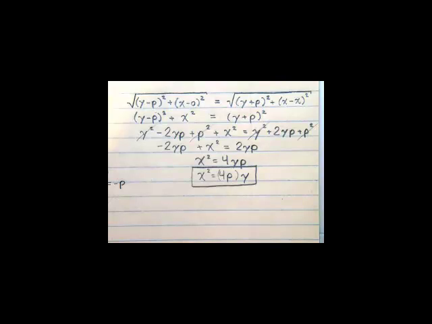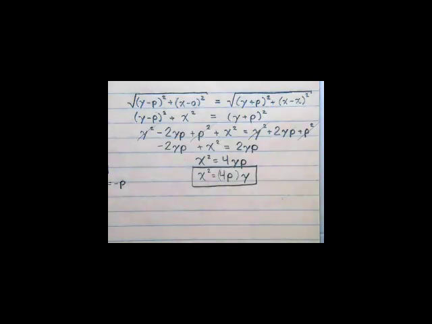Now, we did not solve that for y because we're used to doing that, right? It's a parabola that opens up. It should be y equals something x squared. Why did we not do that? Our calculations are just going to be easier if we leave it this way. It avoids using fractions because that 4p would have to be divided then.